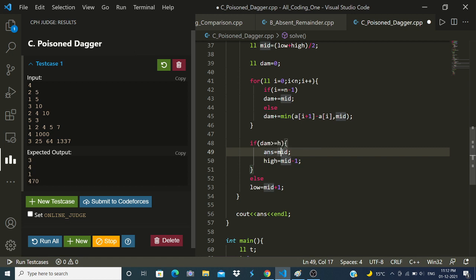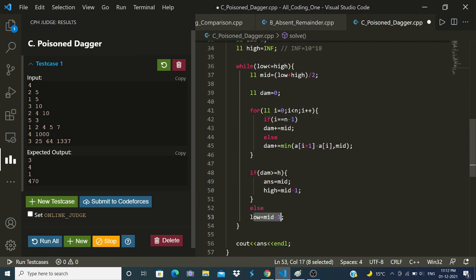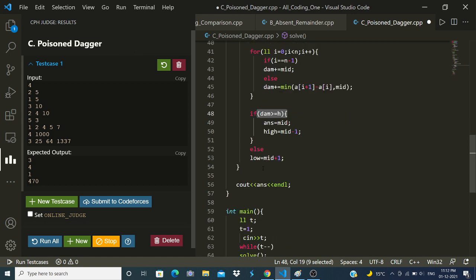Else, if the damage is lesser than h, if the damage is not sufficient, simply set low to be mid plus 1, which means search for some increasing value of k. And if your damage is already greater than or equal to h, then you simply check the possibility of some lower value of k which can also yield a damage of at least h, and at the end you just print it.